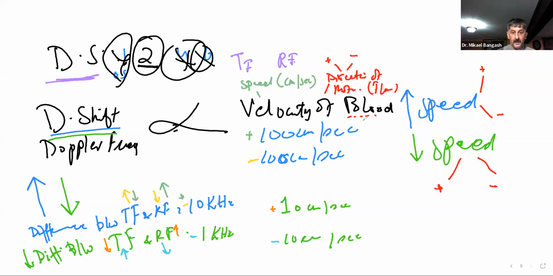We can have a great positive Doppler shift, a great negative Doppler shift, a low positive Doppler shift, or a low negative Doppler shift. Sorry. Did you ladies get that?